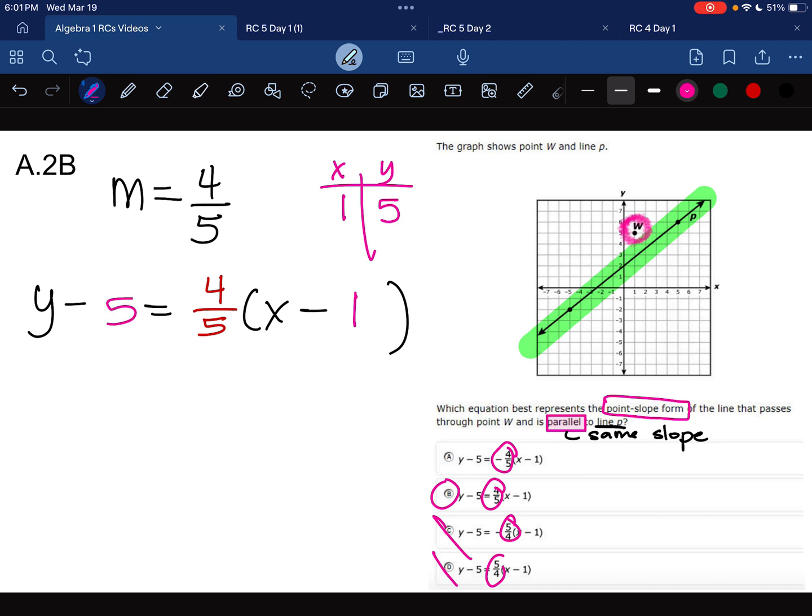Okay? The sign does not change. Now, if it was a negative, this would have been a positive. But we're going to keep it as -1. Give you time to write this down.